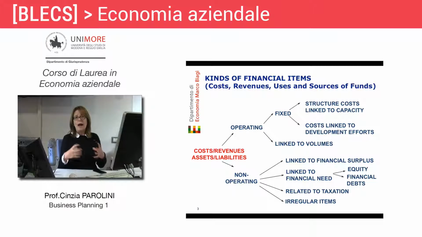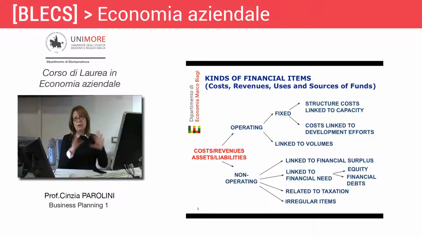Another group of items is related to taxation. Again, we may have these items both in the income statement and in the balance sheet. In the income statement we will have taxes, and in the balance sheet we may have liabilities for taxes to be paid.